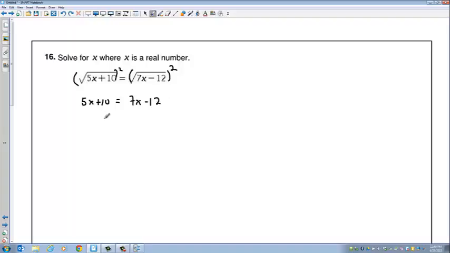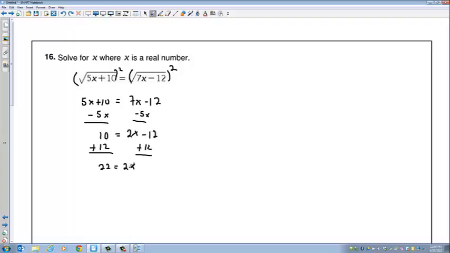The idea is get all the x stuff to one side and all the other stuff to the other. So let's move over the 5x first. We'll do this nice and slow. And so what do we get on the left? You just have 10. And on the right, you have 7x, take away 5x, which gives you 2x, right? 7 of these, take away 5 of these is 2 of these. And then minus 12. And then you add 12 to both sides, and you get your answer of 22 equal to 2x.